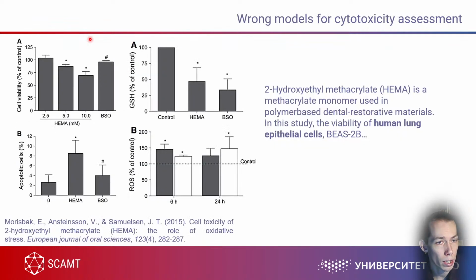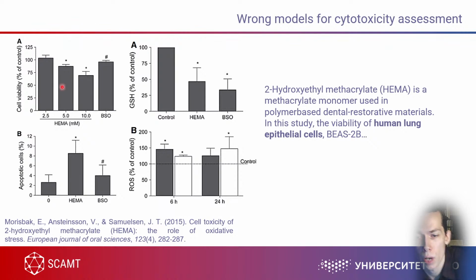And well, finally, there are some examples. Some of these slides were already presented in previous lectures. But now, why do I want to return to this? Because these are examples of poor models for cytotoxicity assessment. Again, it's just my opinion, but I believe the researchers in these papers could pick a more proper model for their study.